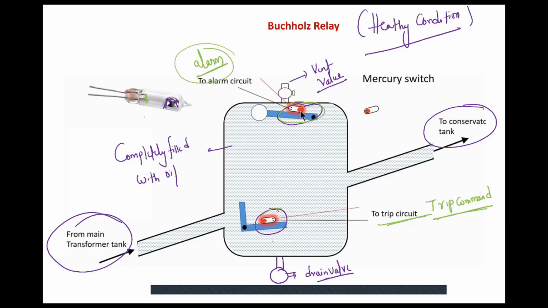So you have to remember the Buchholz relay is connected between the conservator tank and the main tank. It contains two mercury switches. One gives the alarm, the other gives the trip command. When the gas level starts increasing, first it will give an alarm. If the gas level increases further, it will give the trip command.